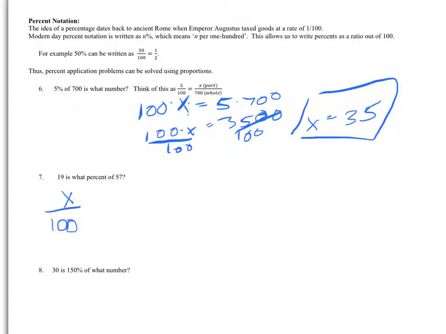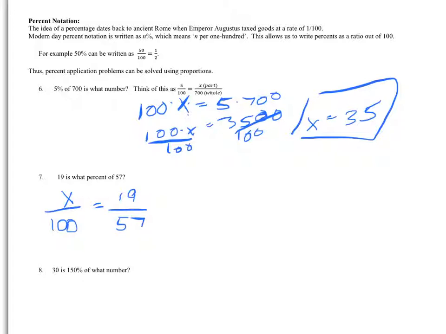It's just that in this case, the number is unknown. So x over 100 equals 19 over 57, where 57 is the whole value and 19 is the part.